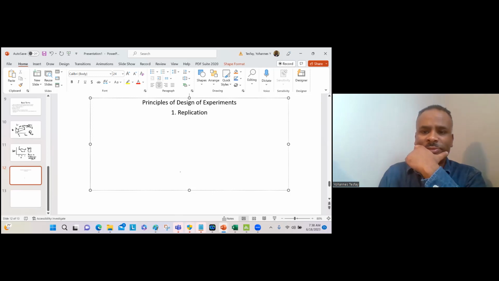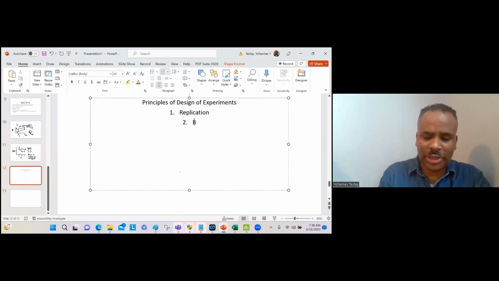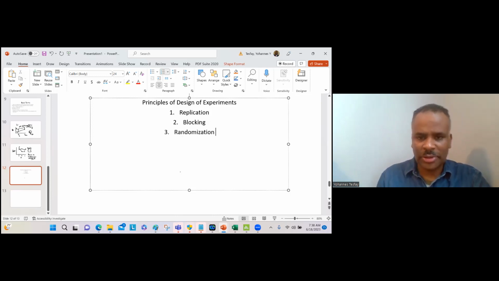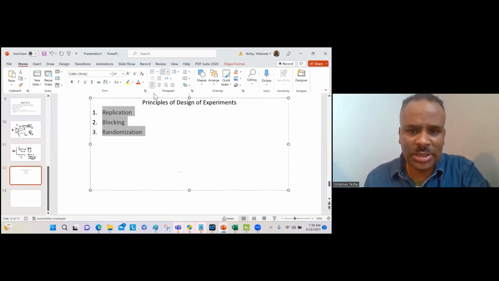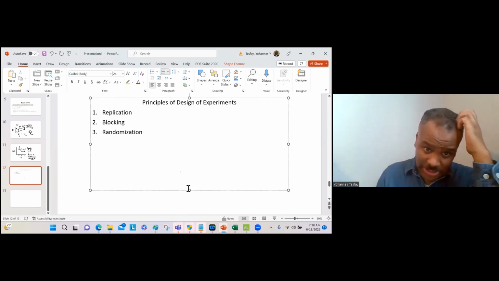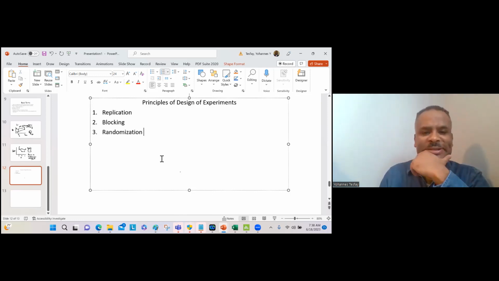The second is blocking, and the next is randomization. These are the three principles of design of experiments. Then I'm going to discuss each one, what replication is and so on.